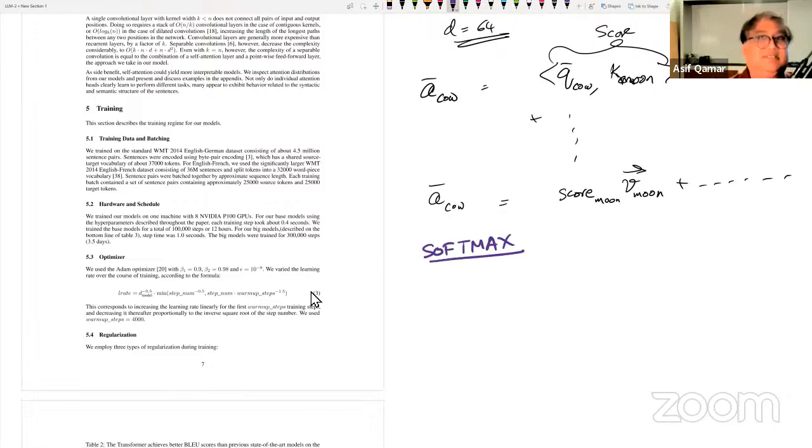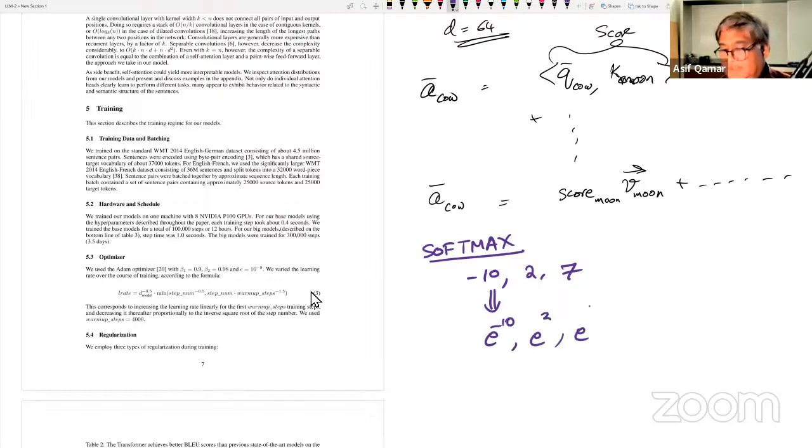Take any bunch of numbers, pick a number, let's say -10, 2, anybody else? Any number? 7. Okay. See what happens. What does softmax do? Softmax is, for each of these, exponentiate it: e to the -10, e to the 2, e to the 7. Right? Then divide each of them by the total.